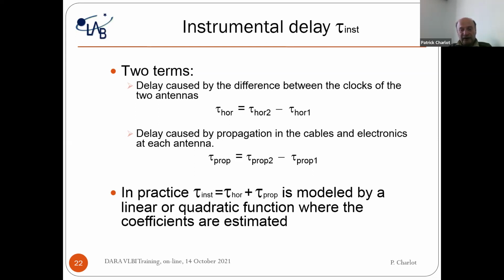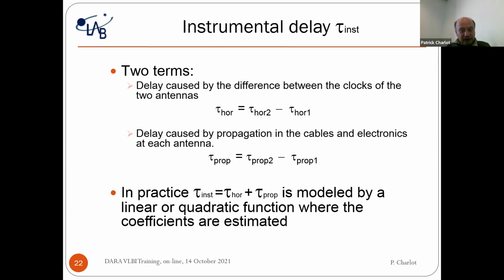There is also another effect, which is caused by the propagation in the cables and electronics at each antenna, because the cables do not have all the same length at one station or at the other stations. At least you cannot guarantee that.